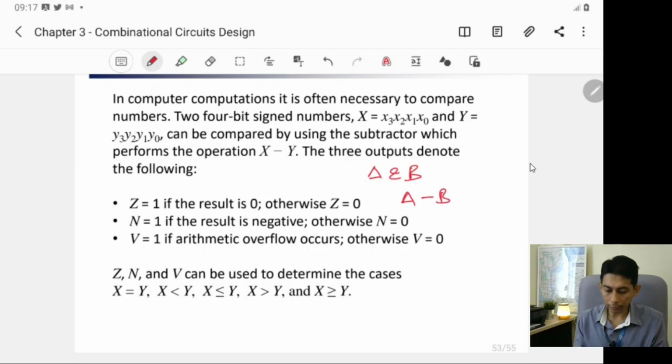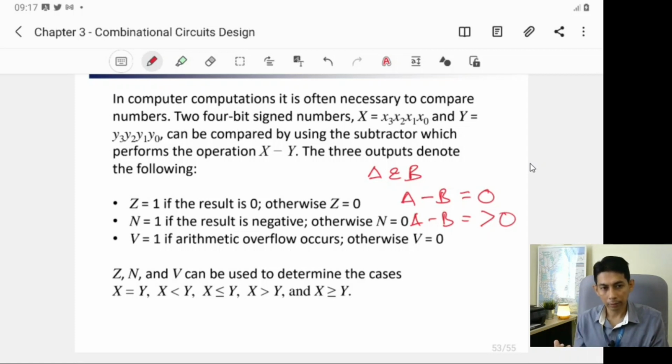So for example, if A minus B, the result is equal to 0, we know exactly that A should be equal to B, right? If A minus B equals 0, of course A is equal to B. And if A minus B, the result is more than 0, a positive number, in this case we also know exactly that A must be greater than B, because A minus B is positive.